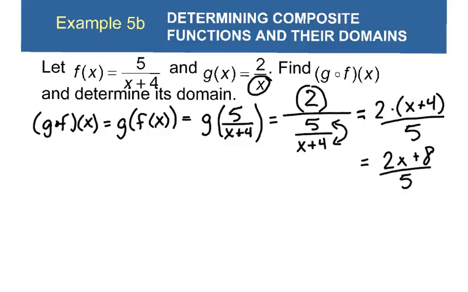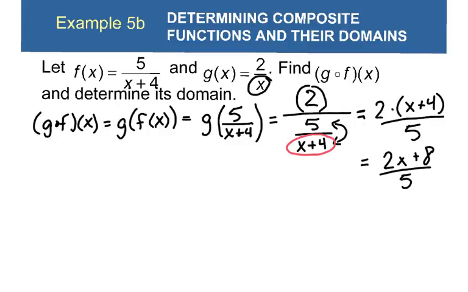Now, determining the domain of this, we have to go with the denominator of the original function before simplification, which is this right here. We have to use that denominator because that's our original function, 2 over 5 over x plus 4. And we cannot have a 0 in the denominator for this function either.